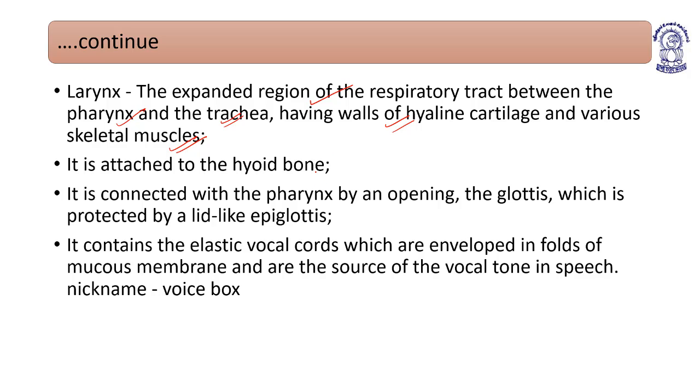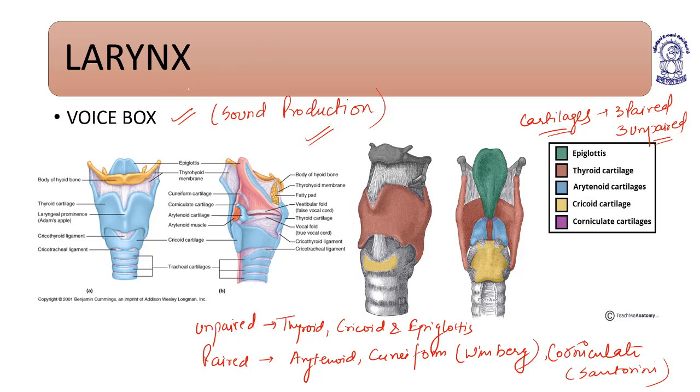It is attached to the hyoid bone. You can see in the picture, this is the hyoid bone, the body of the hyoid bone, which helps in the lifting of the mandible as well. Neck muscles. This is the epiglottis.